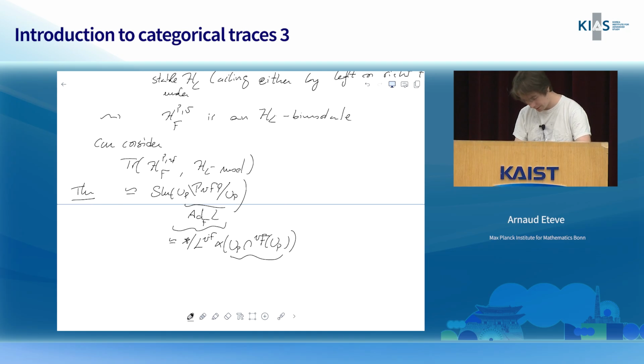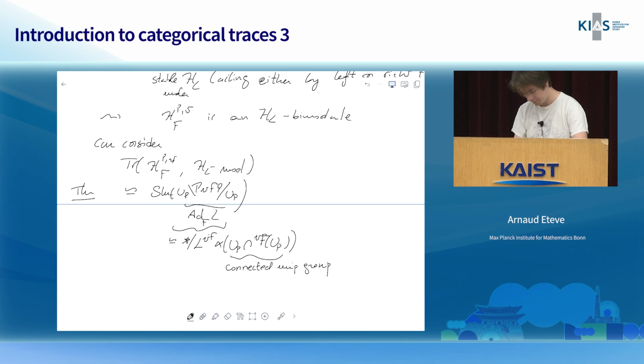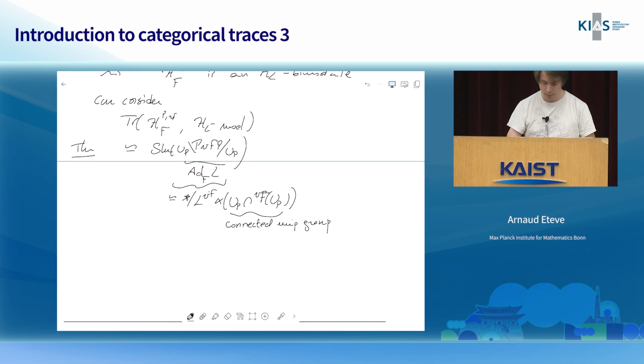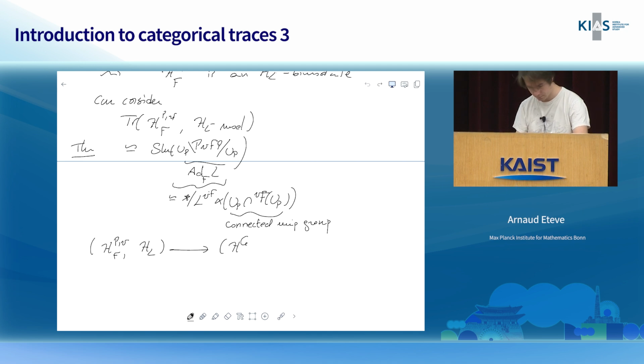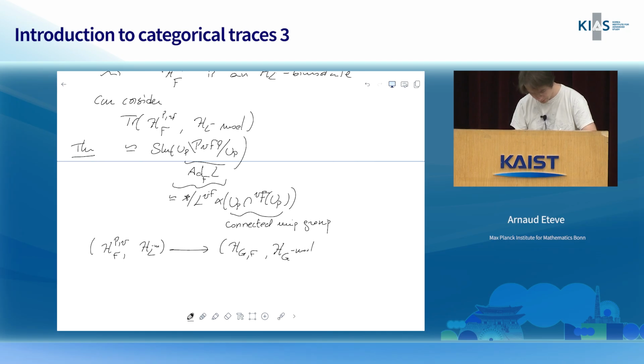This thing here is again a connected unipotent group. Okay, and then there is a well-defined map of pairs, induced by the following thing.